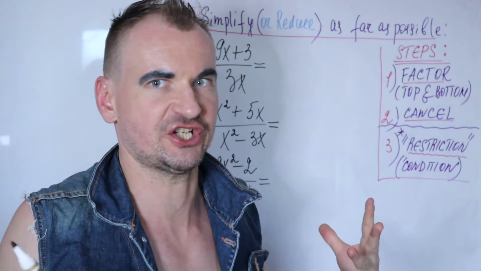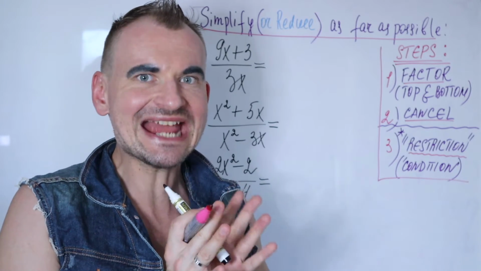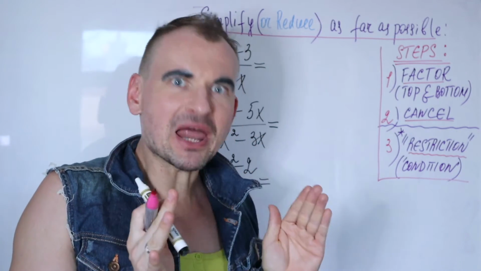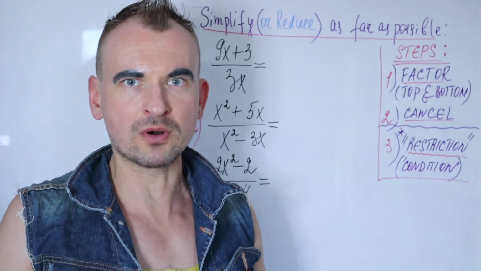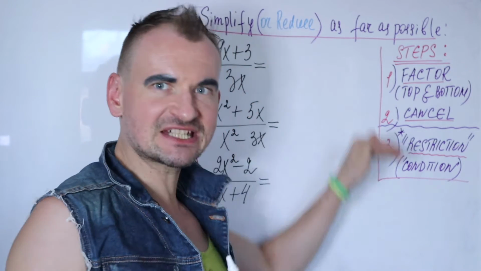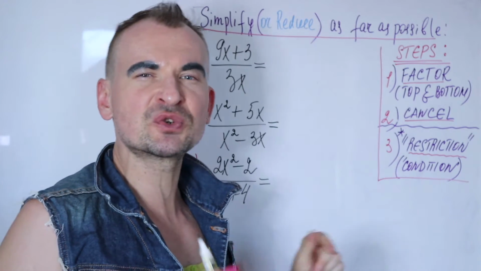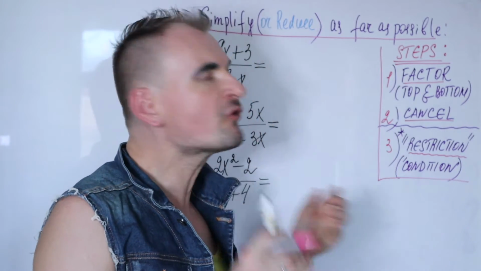You can call them functions if you like. So the same idea applies here. We want to get it down to the simplest form possible. So there is a pattern, some steps to follow, to keep in mind always. In the first step, you factor.